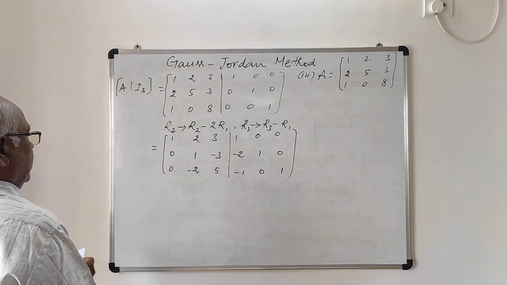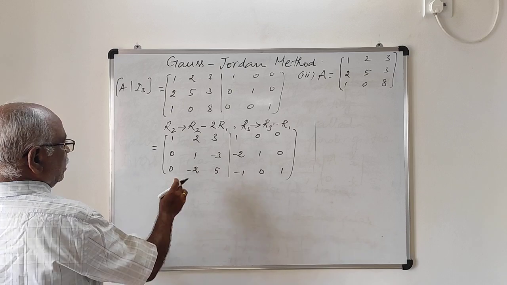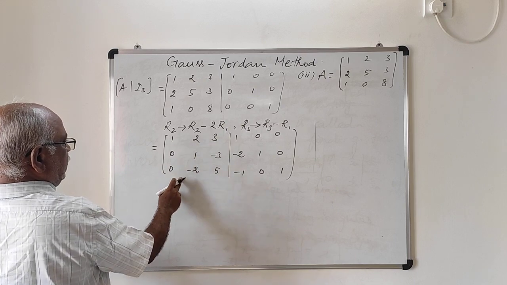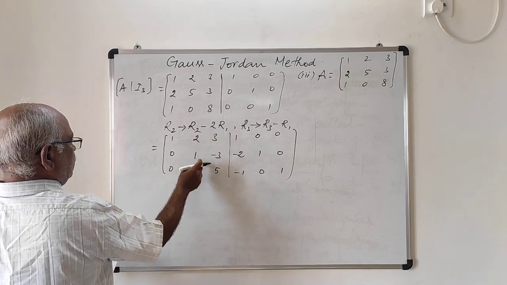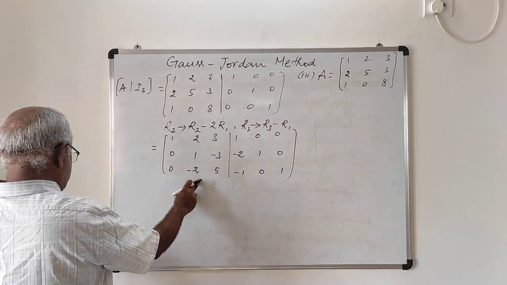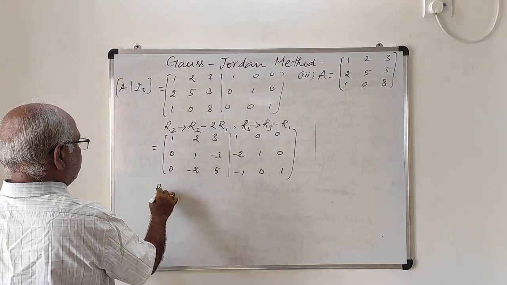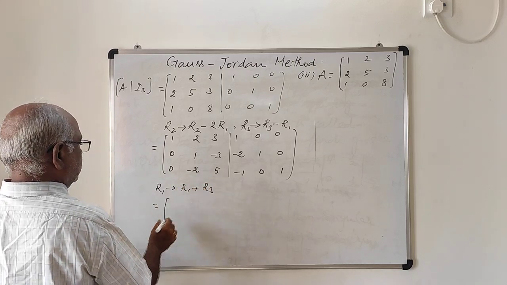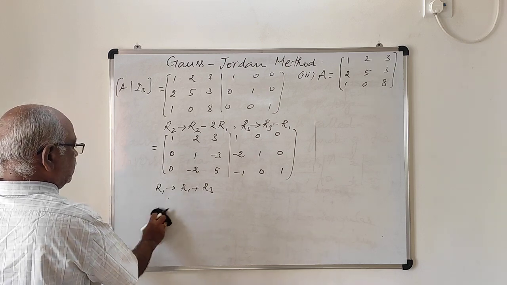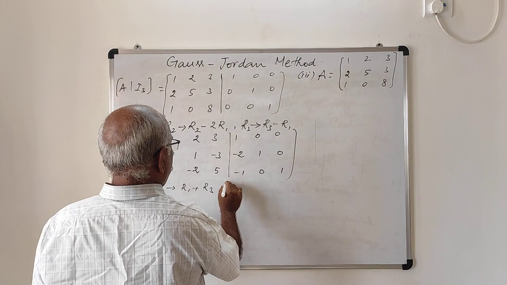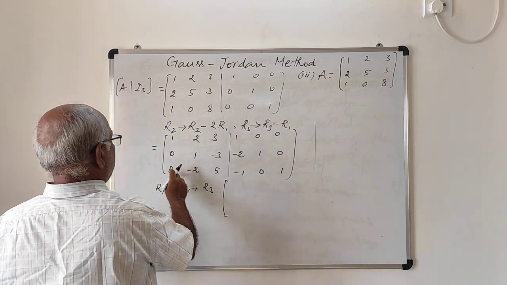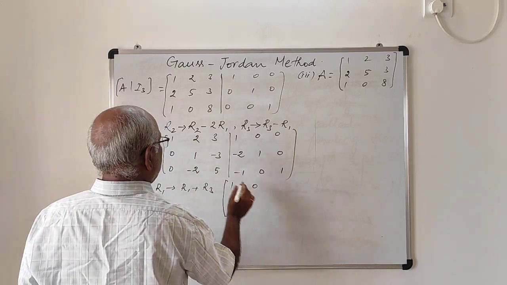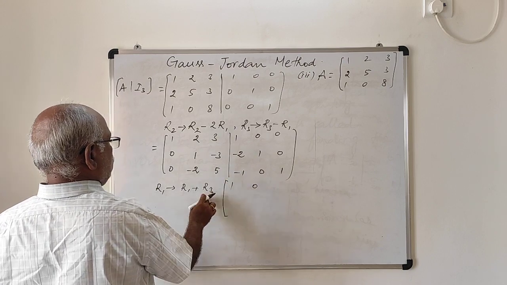Okay. Next, R1 plus R3. You see, 2 plus minus 2, 0. If you add R1 plus R3, these two become 0. So R1 is R1 plus R3. 1 plus 0, 1. 2 minus 2, 0. 3 plus 5, 8.